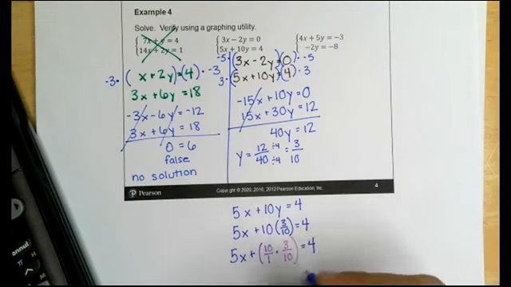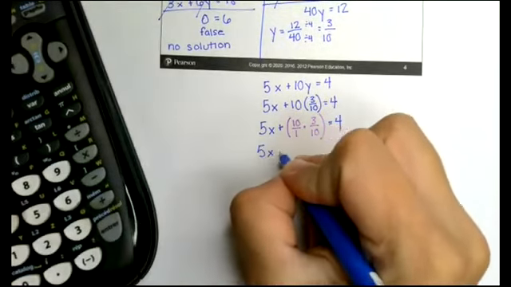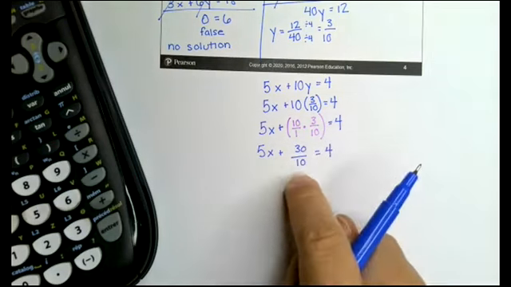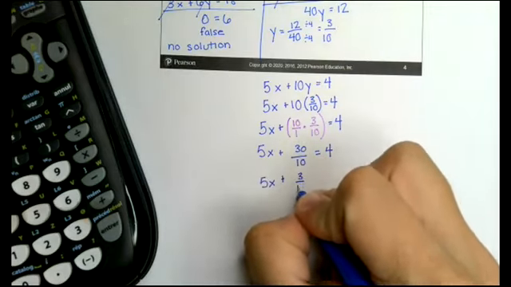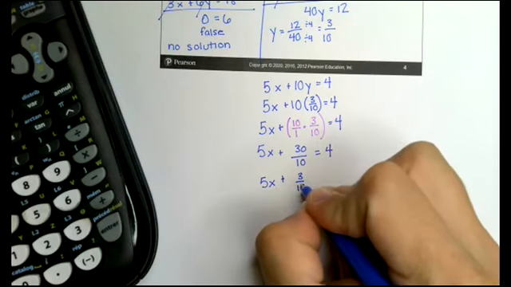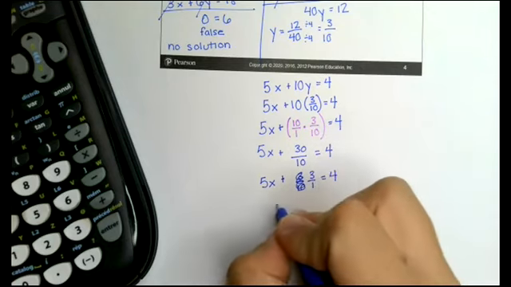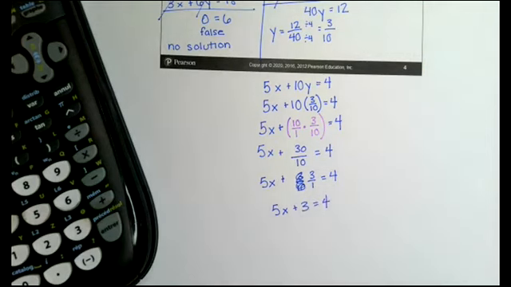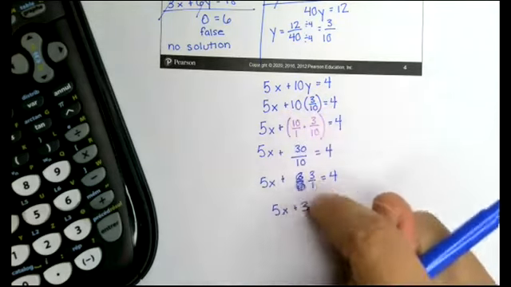Or we can just eliminate the 10s, okay? 5x plus 30 over 10 equals 4. But 30 divided by 10 is the same as 3 over 1. 5x plus 3 is 4. So you can either multiply straight across, or you can look and say the 10s cancel each other out, and it's 3 over 1.